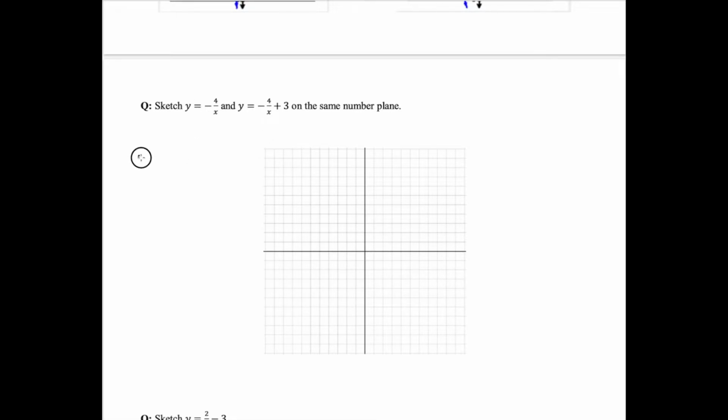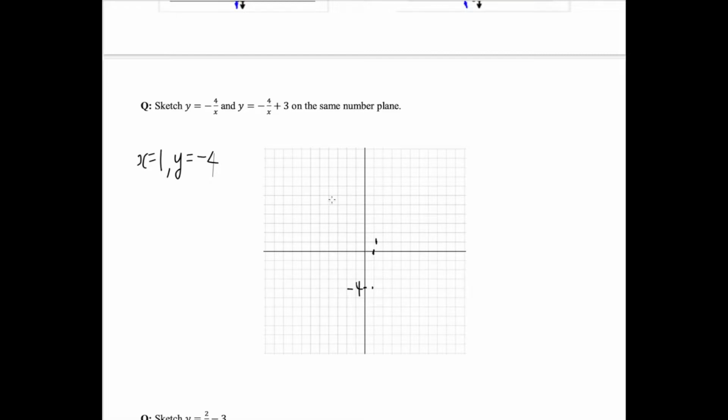Let's say x is equal to 1. What's y going to be? y is equal to minus 4, so you have the point 1, minus 4. So this is one of the points.